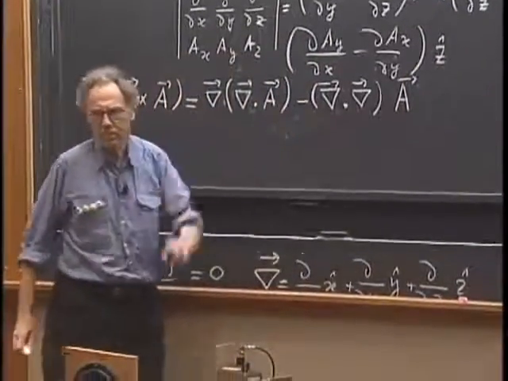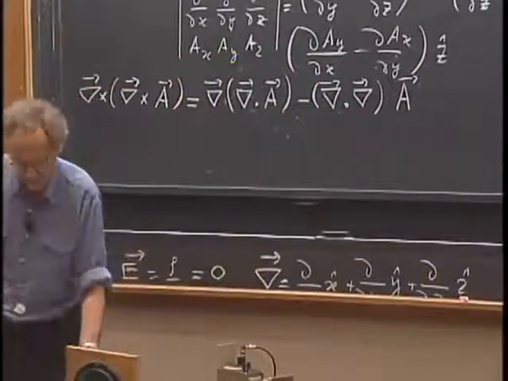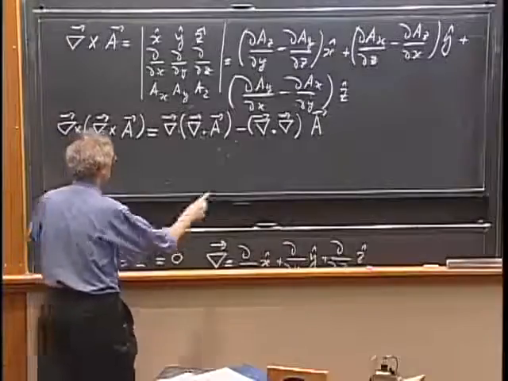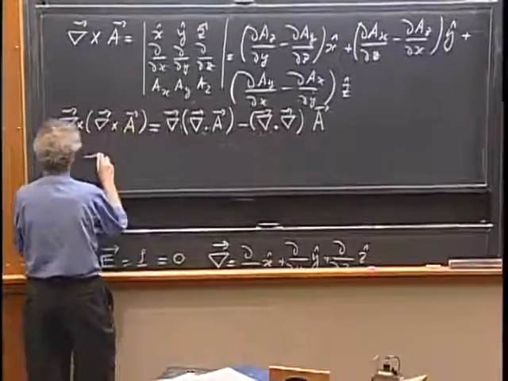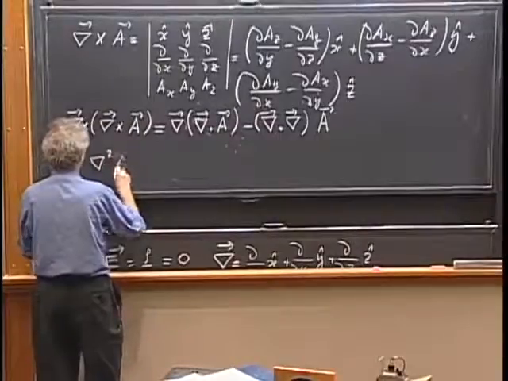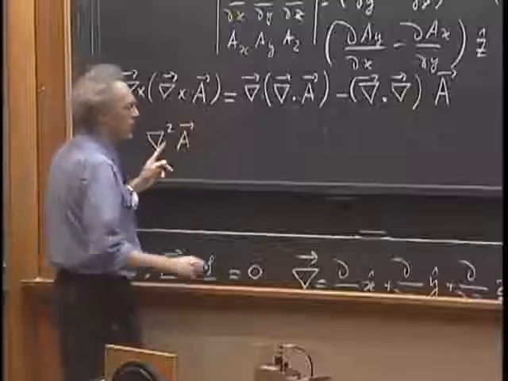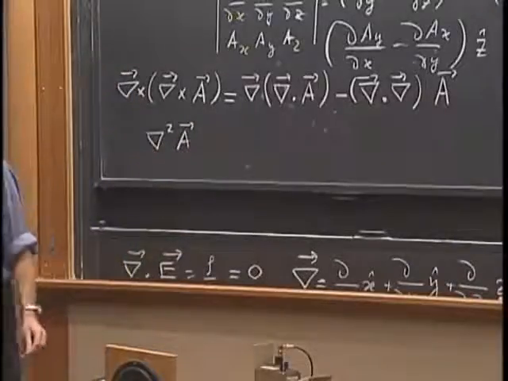And this we often write as simply del squared. So for this we write del squared of A, and this is also called the Laplacian.